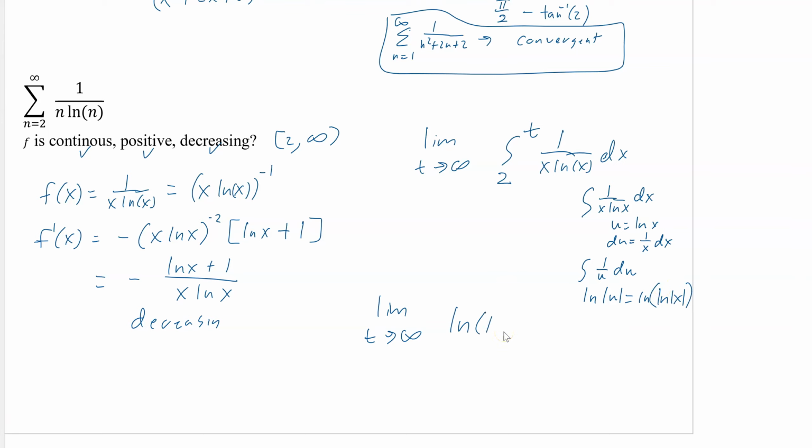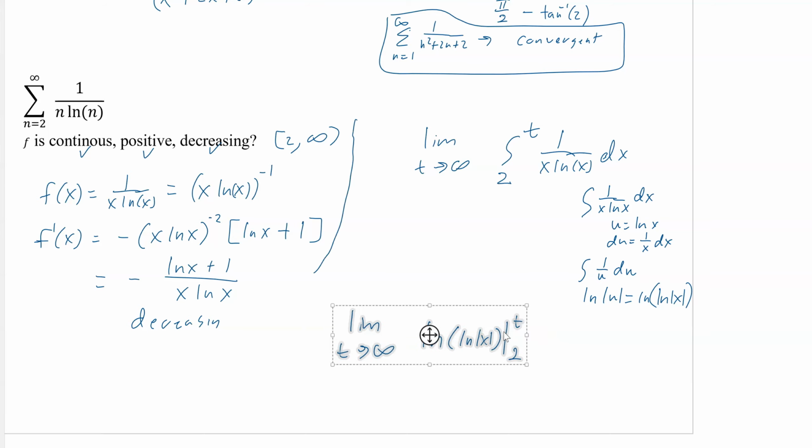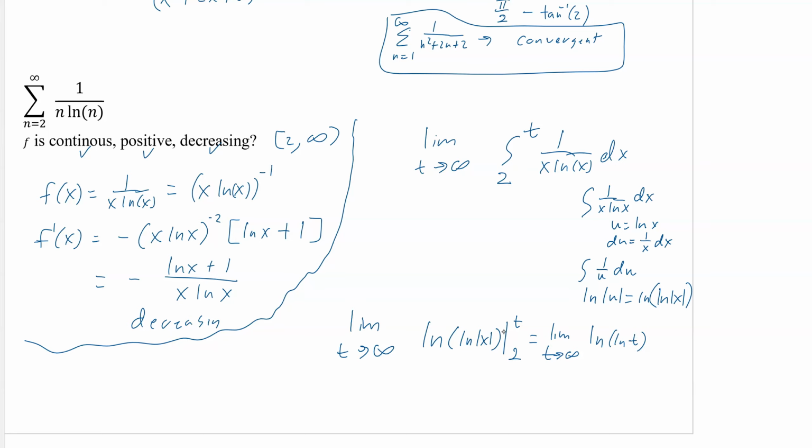Okay, so we would have that ln of x, and then we're going to go from t and 2. So this would equal, let me move that down a little bit and over, and we're going to put a little squiggly line here around that stuff for just our conditions. All right, so this is the limit as t approaches infinity of the natural log of t, and we're going to go off to infinity, so I'm going to throw away those parentheses, minus the natural log of 2.